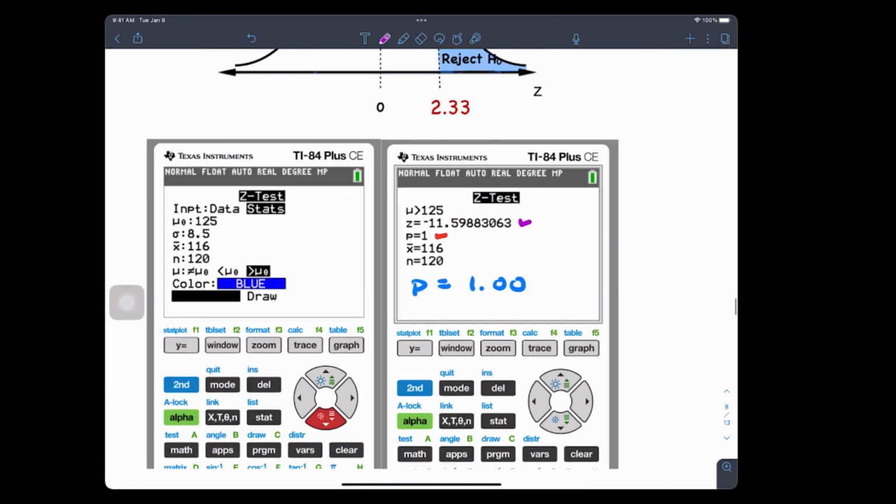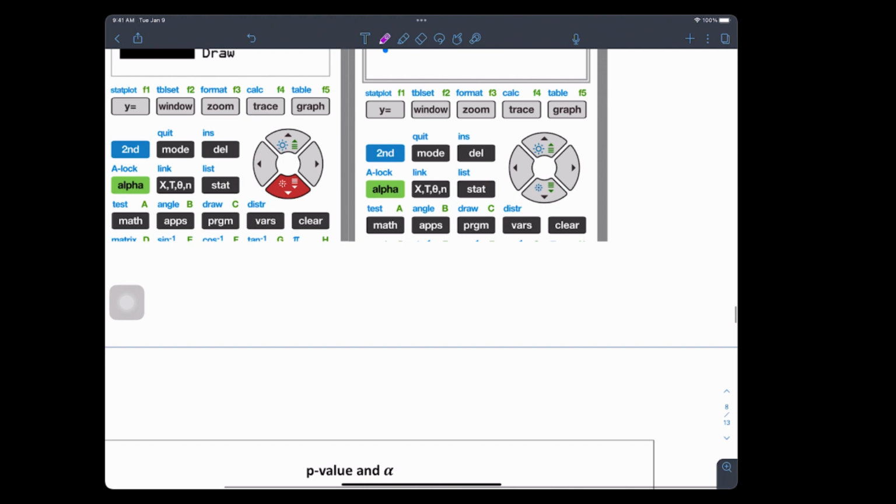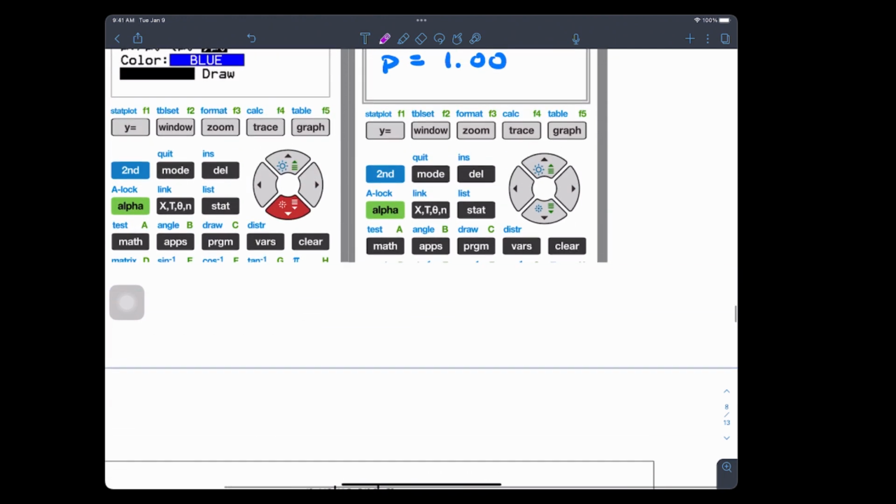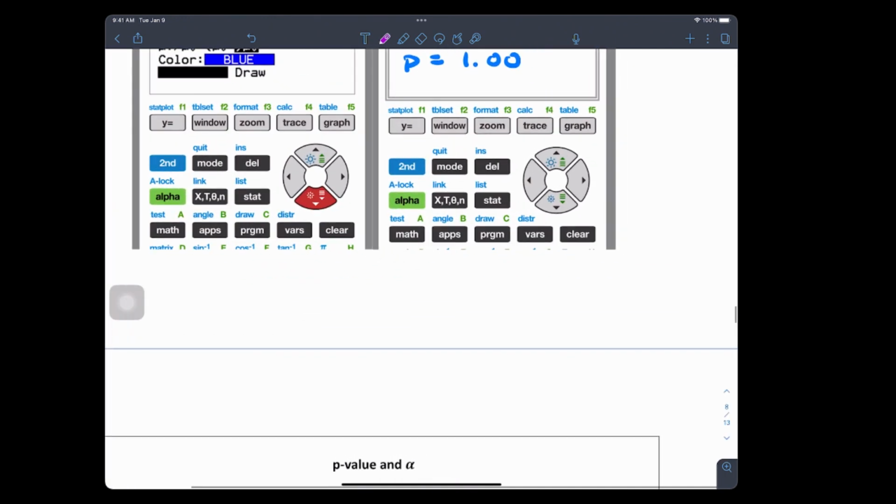So when you look at the criteria, I guess I'll put it down here, okay? Is the p-value smaller than the level of significance? Well, the p-value is 1. Is that smaller than the 1%?